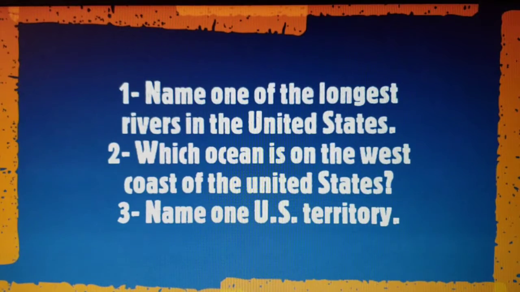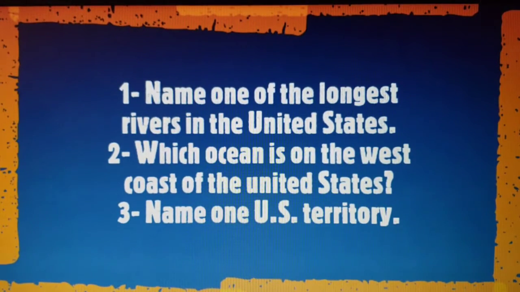If you say one of the two, you're right. Number two, which ocean is on the west coast of the United States? Ocean on the west coast of the United States, which is Pacific. In the east, it's Atlantic.